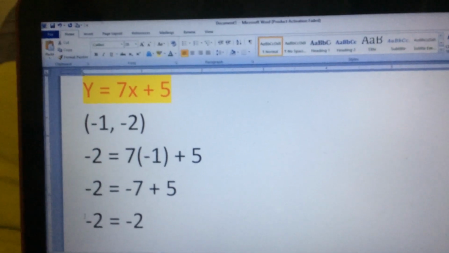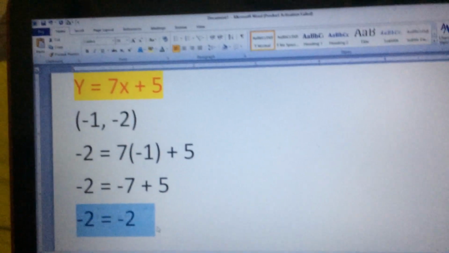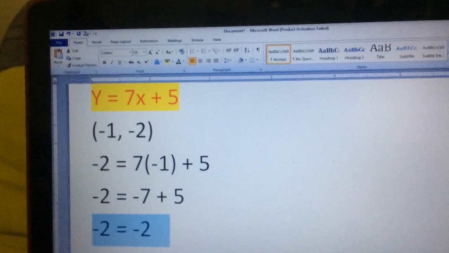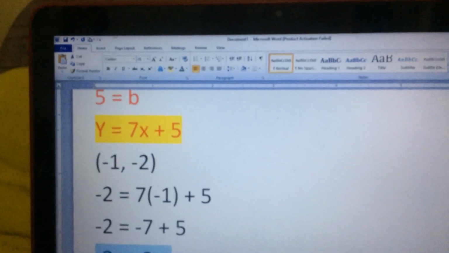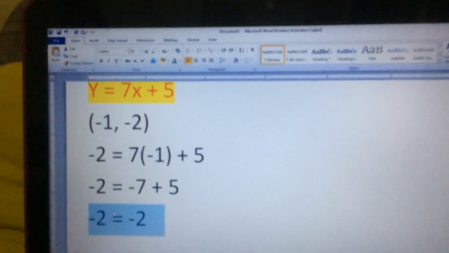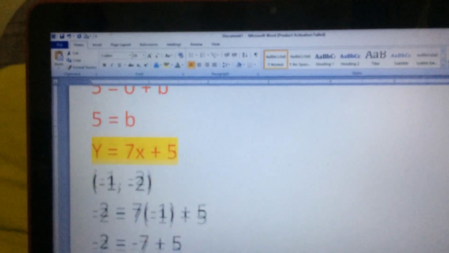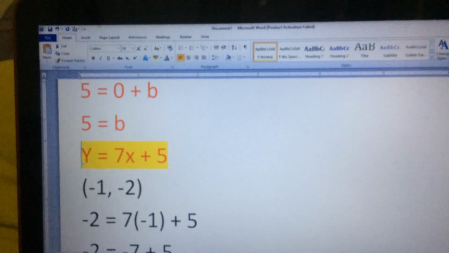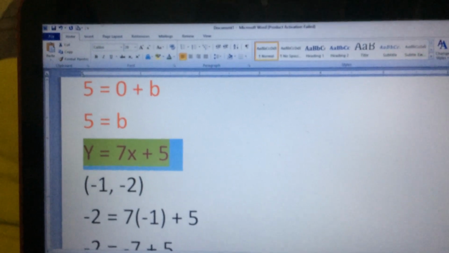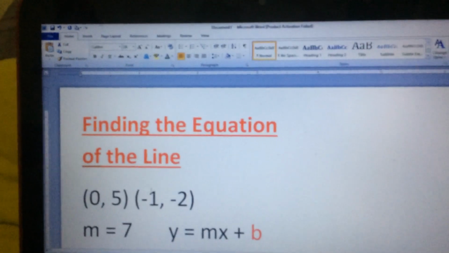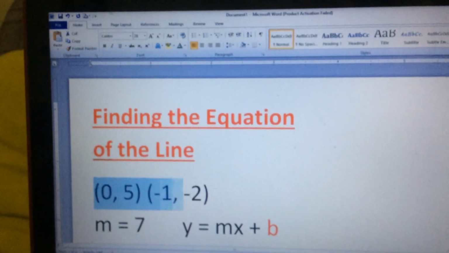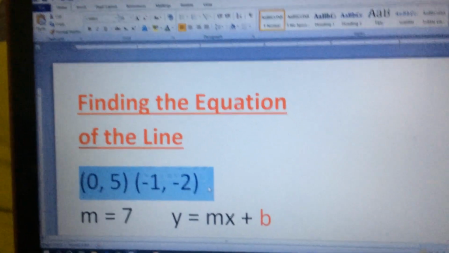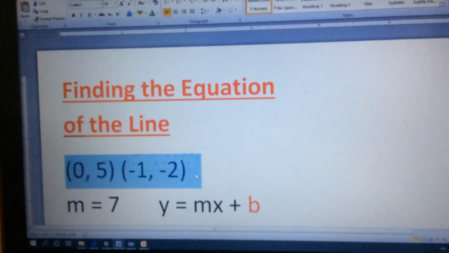So as you can see, we're able to equate the equation. So therefore, since both sides are equal, y equals 7x plus 5 is the equation of the line that passes through (0, 5) and (-1, -2).